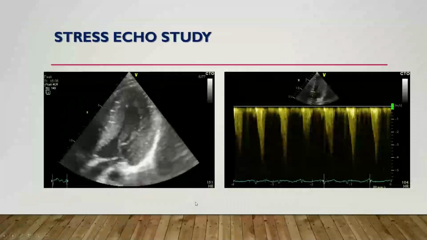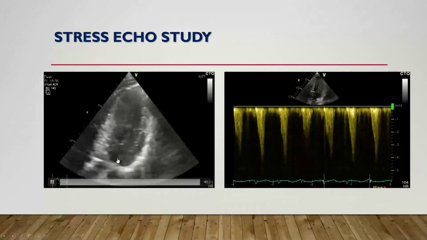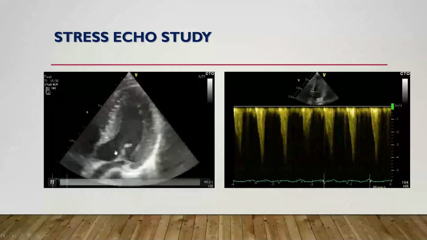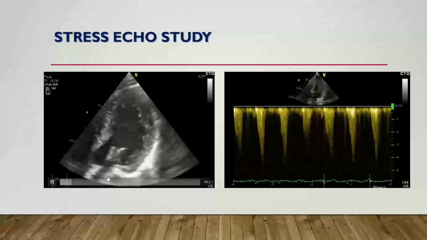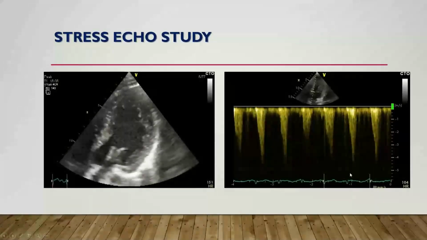We performed a stress echo, and during physiologic stress echo, we saw anterior motion of the subvalvular apparatus. We also saw the anterior dislocation of the papillary muscles, generating a dynamic gradient with a classic sword-shaped Doppler envelope reaching more than 4 meters per second.